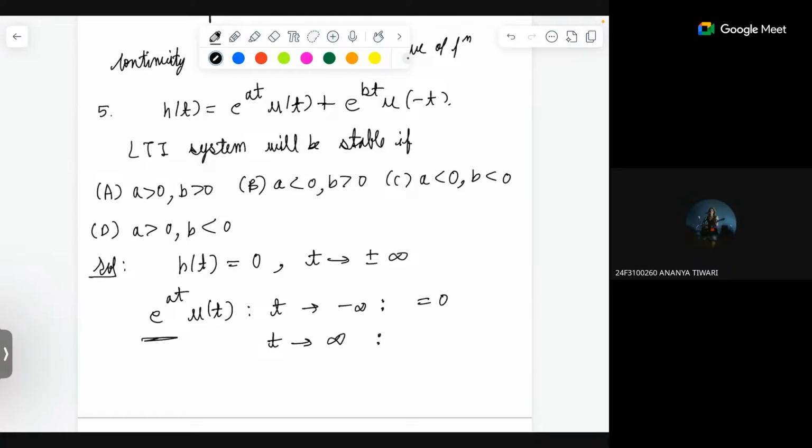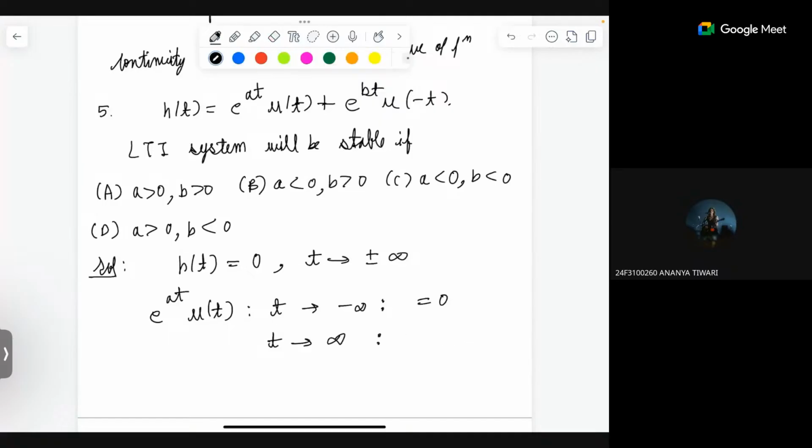But let us see e raised to the power of at. If t tends to infinity and I want this to be 0, then a has to be negative, because if a is negative, then negative into infinity will make it minus infinity, and e raised to the power of minus infinity will give me 0. So that is why a will be less than 0.